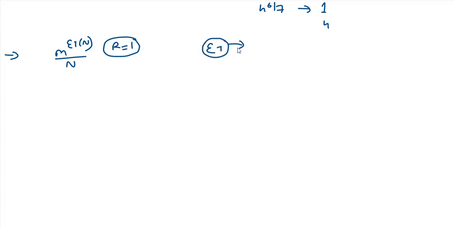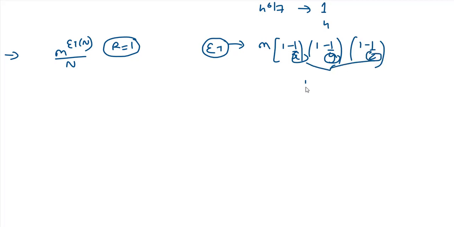It represents the number of numbers which are less than it and co-prime with it, and it is given by m into (1 minus 1 by x) into (1 minus 1 by y) into (1 minus 1 by z), where x, y and z are the prime factors of that number.